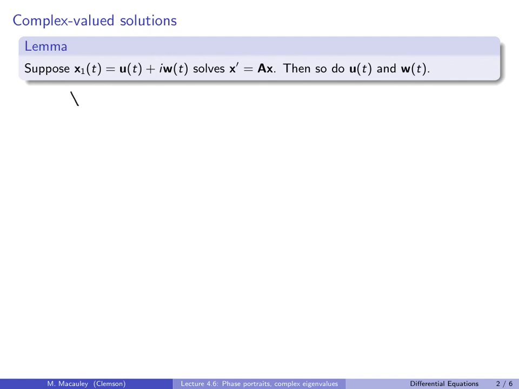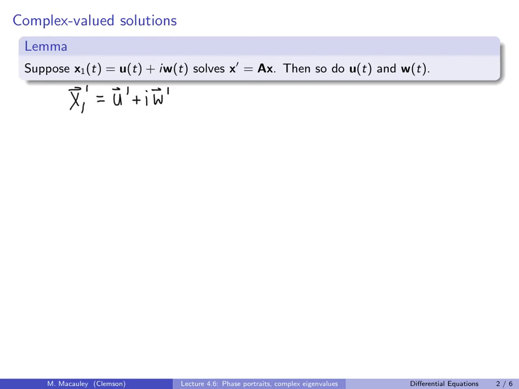Let's take the derivative first. x1 prime equals u prime plus i w prime. That's the left-hand side.